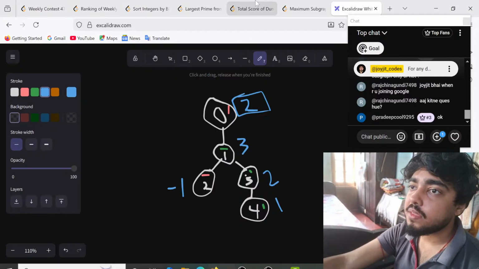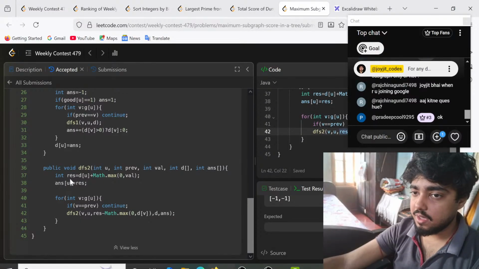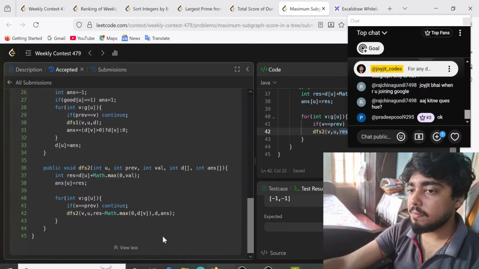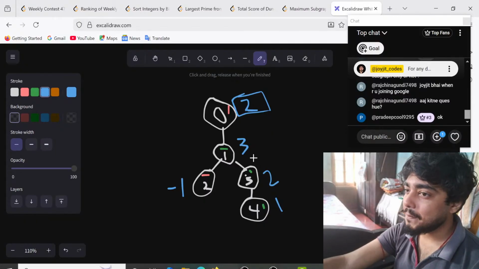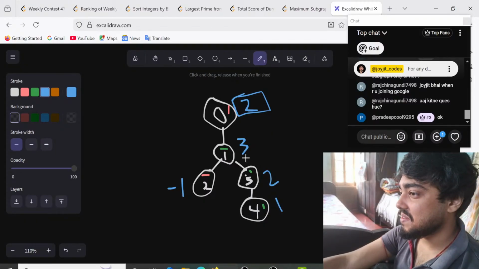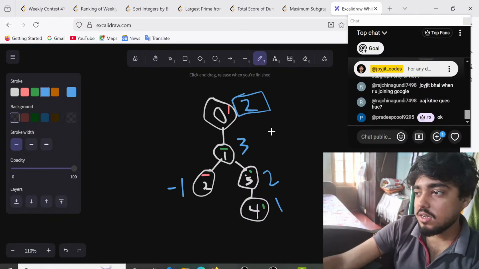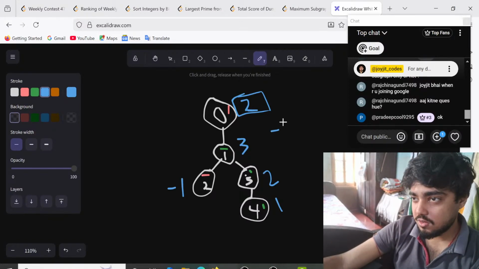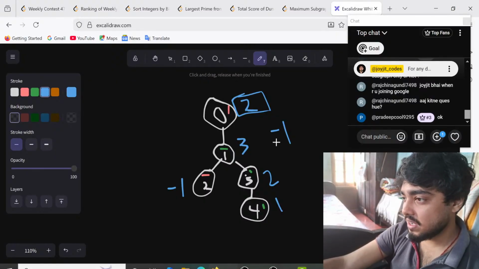For 3, now what is the value of val? It is result minus max of 0 comma d of v. That is 2 minus d of v, that is 3, that is minus 1. So the value is minus 1. But I just told you that you are going to consider it only if it is greater than 0.